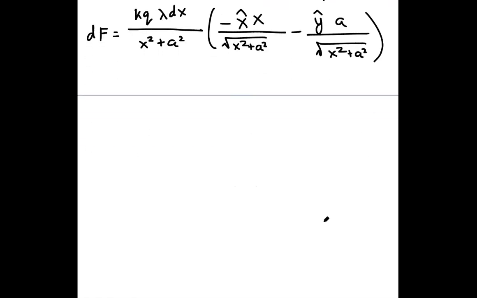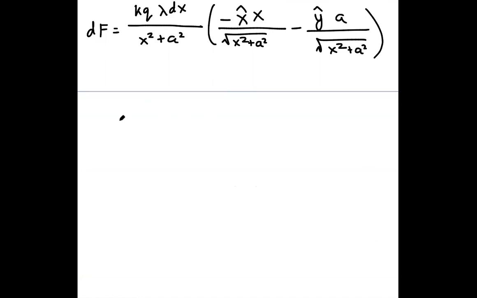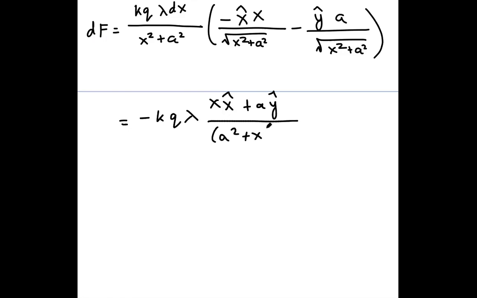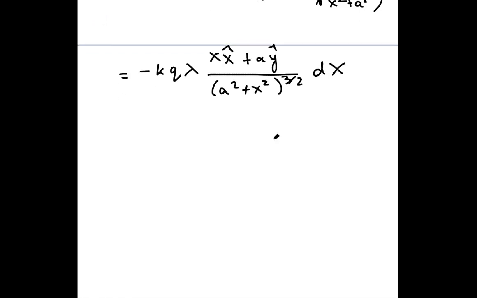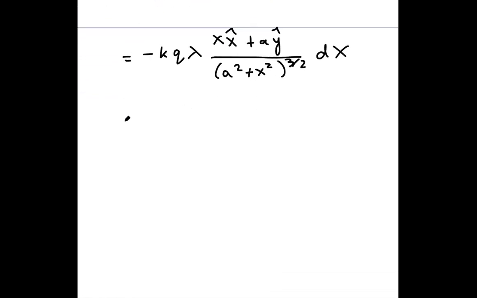All right, so now if we simplify this, we get that this is equal to negative kq lambda times x hat plus a y hat all over a squared plus x squared raised to 3/2 dx. Now we can integrate this.